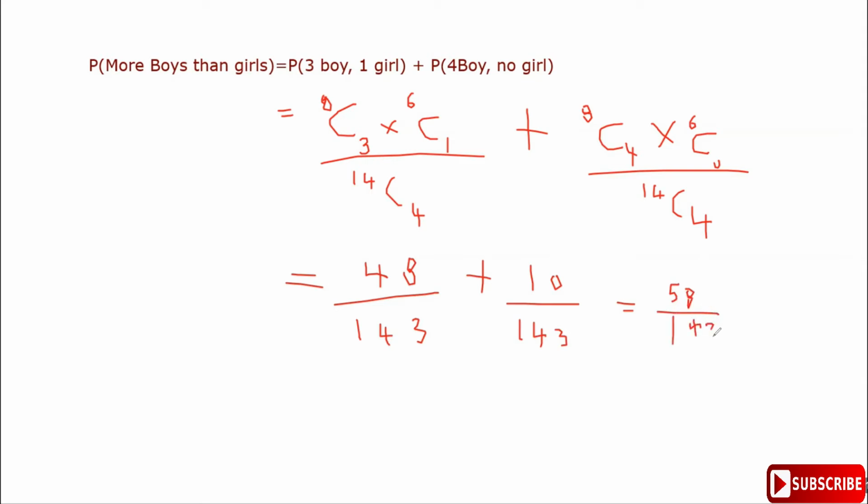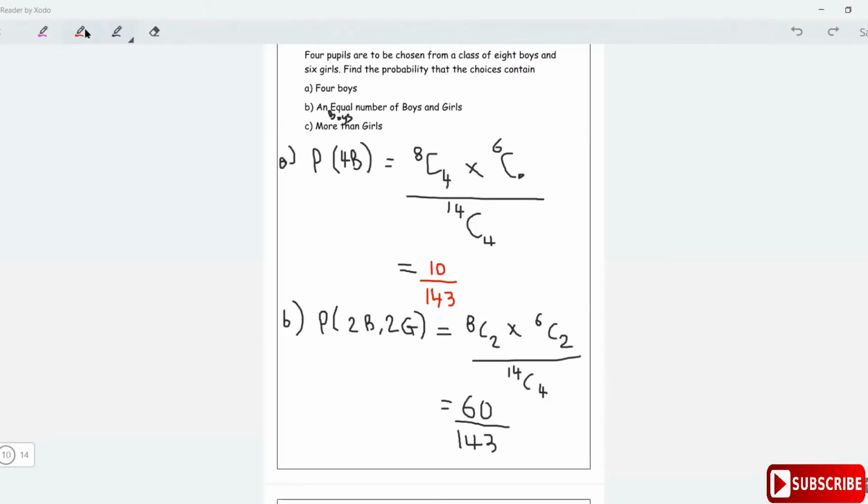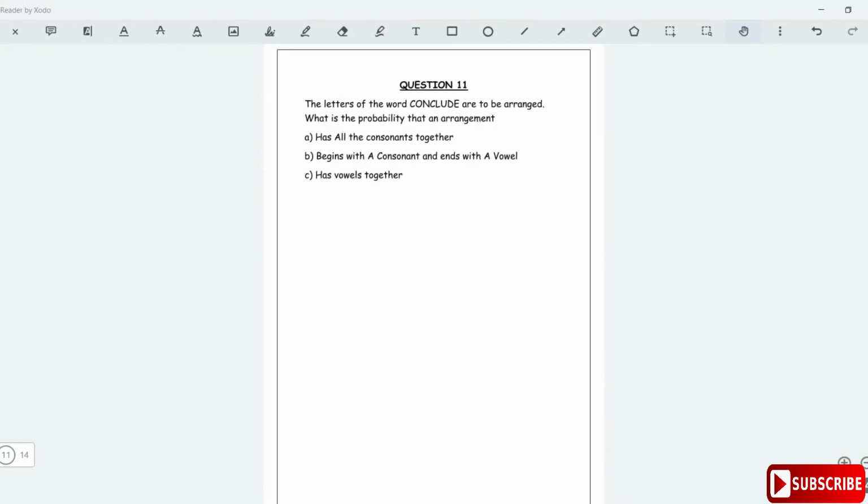And that's it. That's the probability for the last one of getting more boys than girls. To get more boys than girls is 58 over 143. That's it. Easy.